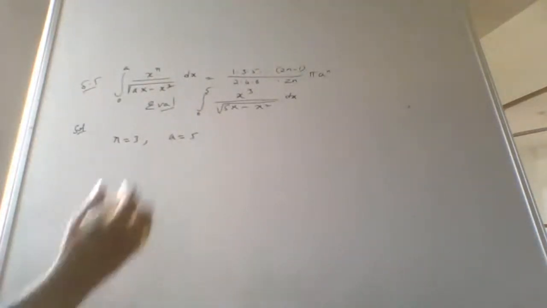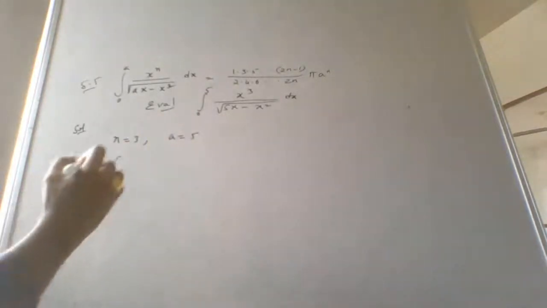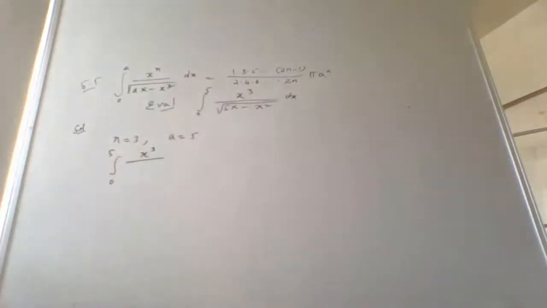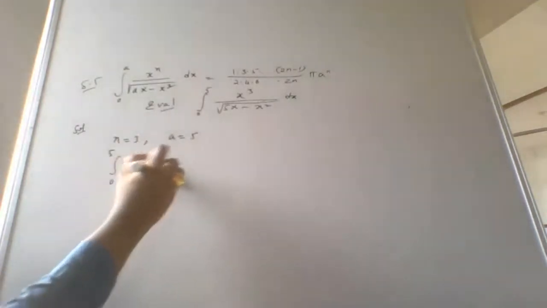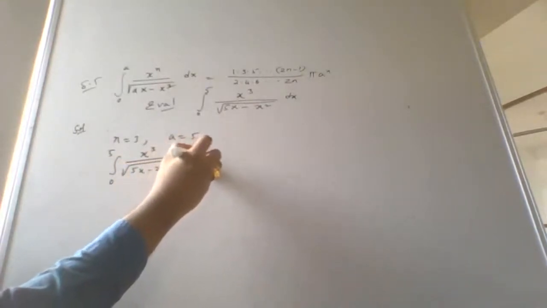So I'll get the integral from 0 to 5 of x cube divided by square root of 5x minus x square, dx.